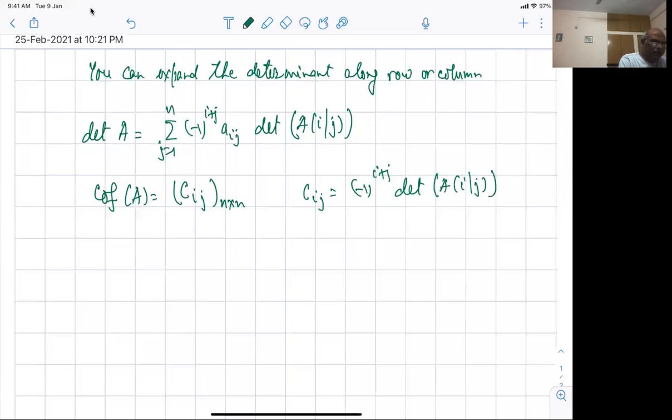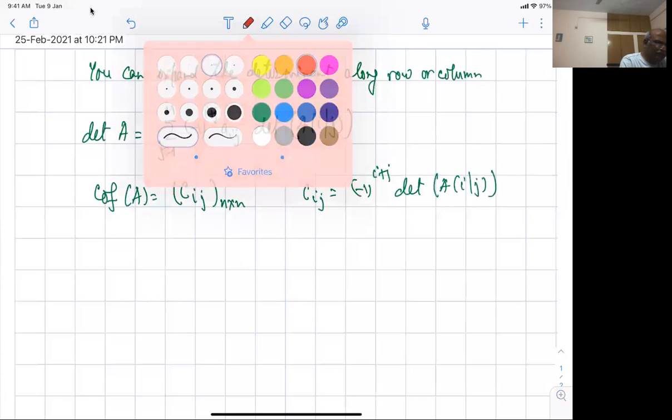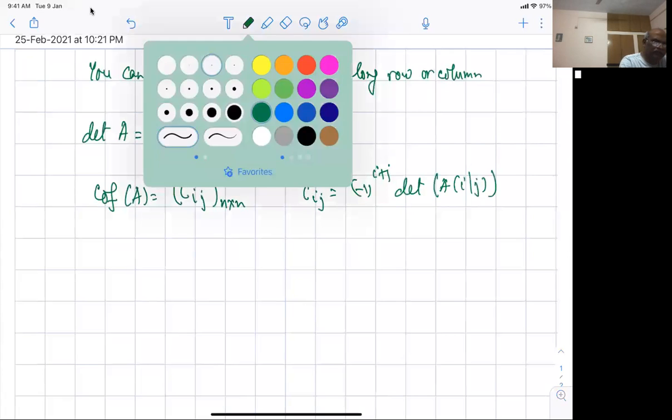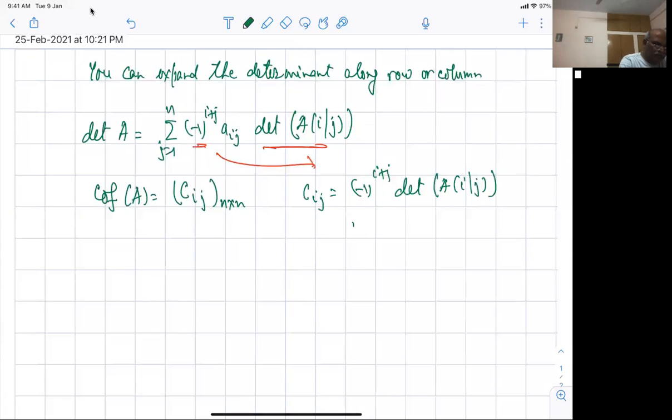So whatever extra term I have here, I just keep it. This term and this term together give you this part, Cij. Is that okay? Minus 1 to the power i plus j, determinant of A with i and j removed, and this is true for every i and j, for 1 less than or equal to i, j less than or equal to n. So you can compute all of them. All right, so this is called the cofactor matrix.